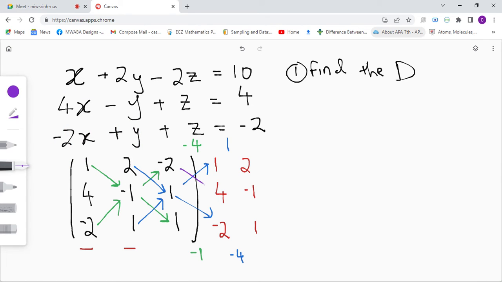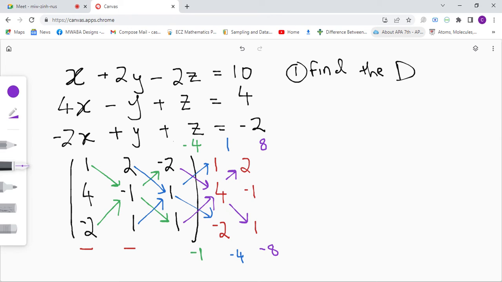Then finally, -2 times 4, that's -8. Negative 8 times 1, that is still negative 8. Then 1 times 4, that is 4. 4 times 2, that is 8.